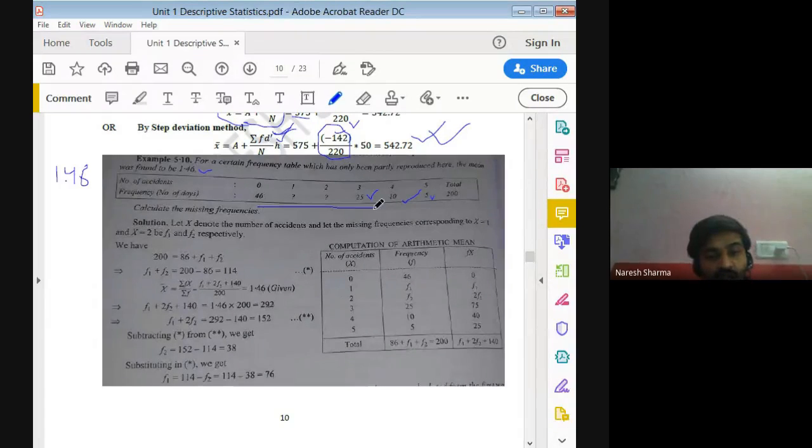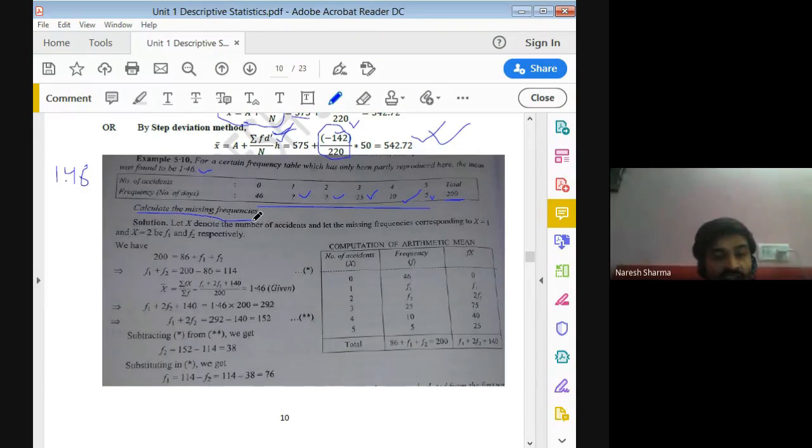And the total sum is also given. That is interesting. The total sum is given, but a few values are missing at 1 and at 2. So we need to calculate the missing frequencies. To calculate the missing frequency, we need to assume these.